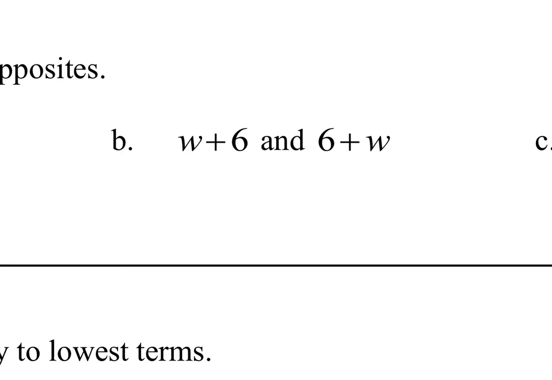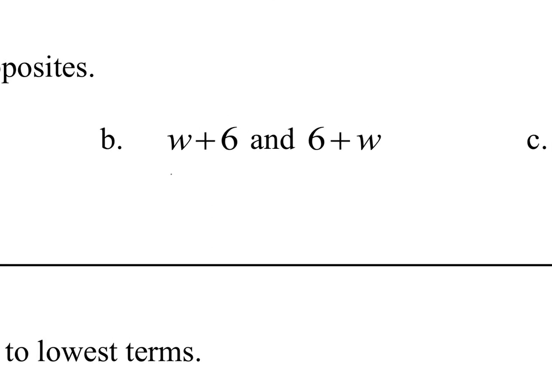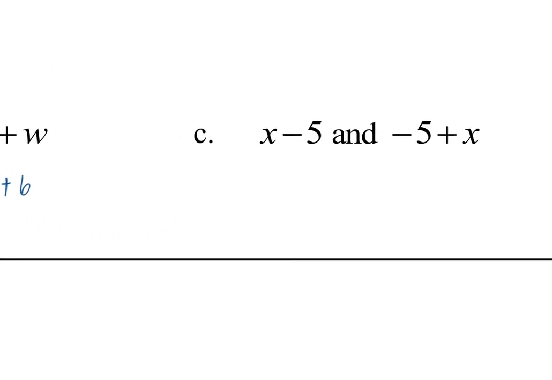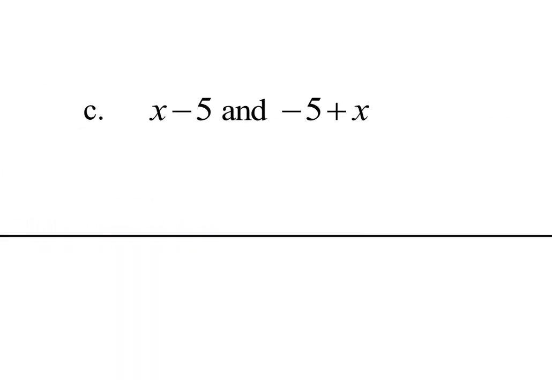For this one, I'm going to put the w, the variable, in the front and the number in the back. So this one here would move the w to the front and the 6 in the back. They're exactly the same, so they're not opposites. And this one, the variable's in the front, the numbers in the back.